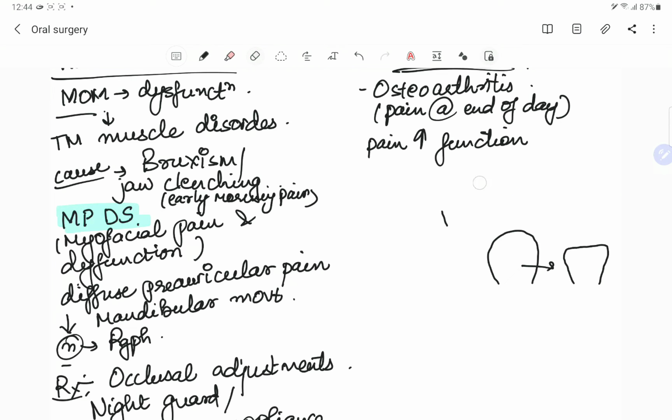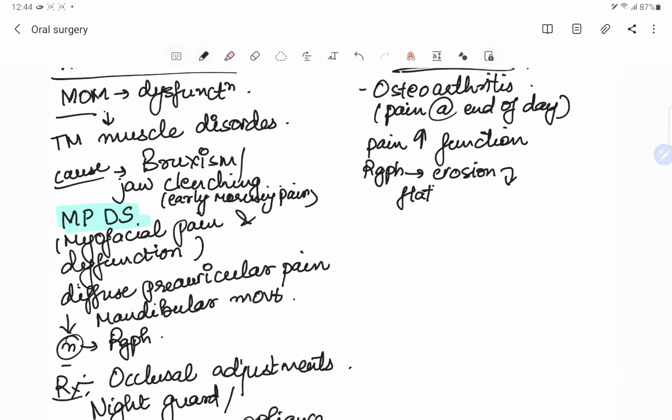So, the degenerative changes can be recorded in the radiograph, and what we see is initially erosion of the condylar head, and then later on flattening of the condylar head, which is usually unilateral in case of degenerative changes.